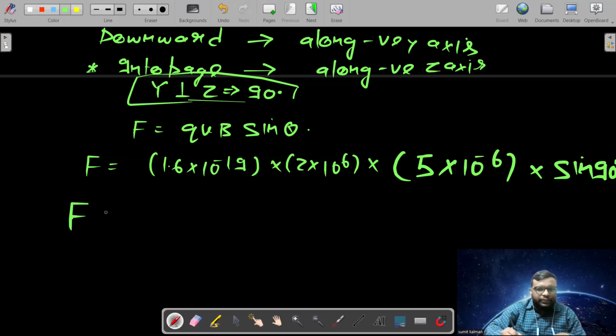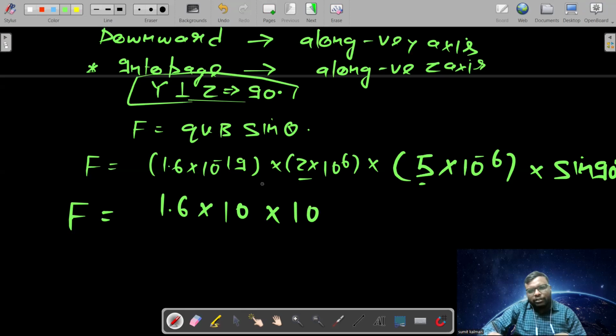And here, if you calculate it, 1.6 into 2 into 5 is 1.6 into 10. Now we will simplify the powers after it.